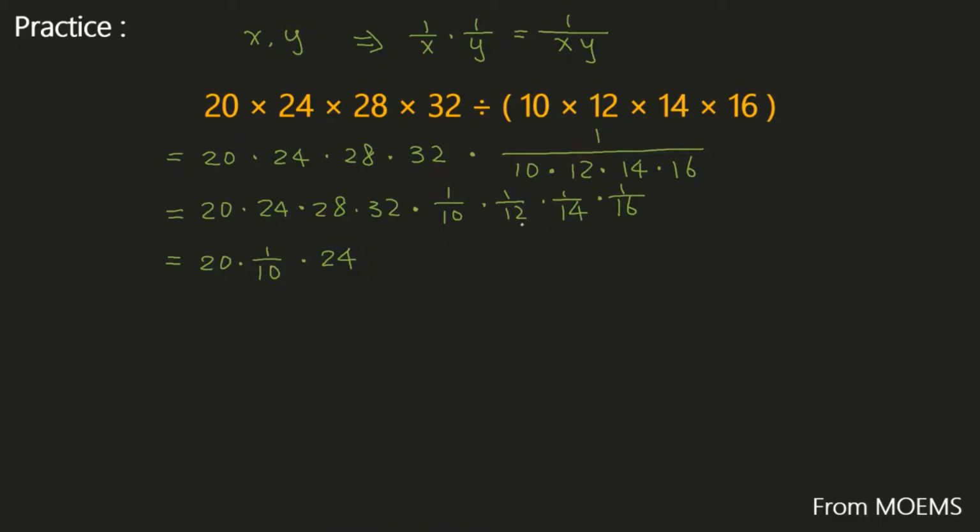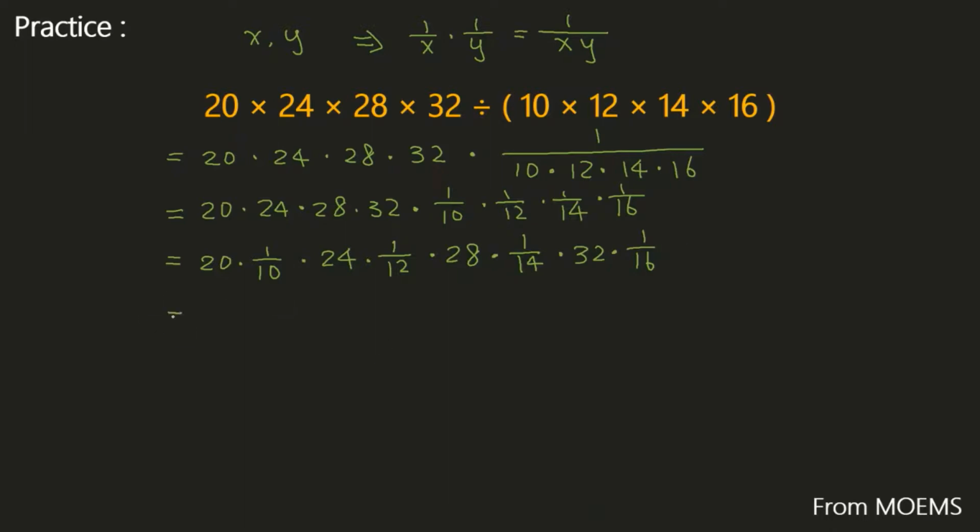Then we're going to move the 1 over 12 next to the 24. So it becomes multiplied by 1 over 12. And then 28 multiplied by, we're going to move the 1 over 14 next to it. So it becomes 1 over 14 times this term here, 32 multiplied by the last term, 1 over 16.